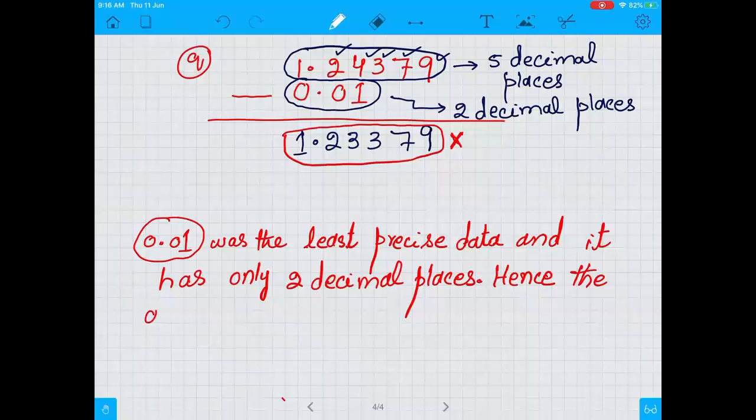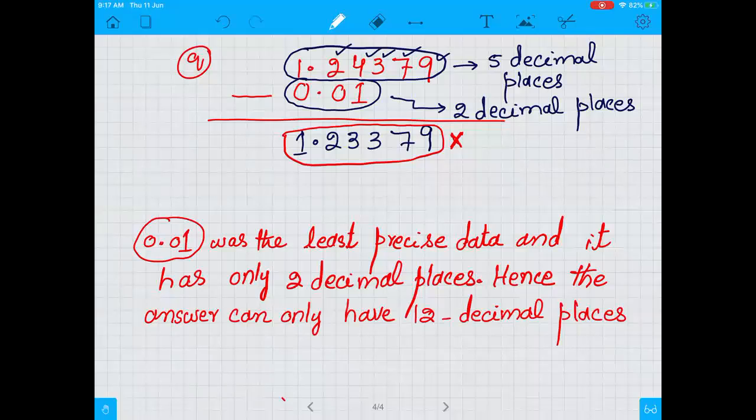answer can only have 2 decimal places. So the answer should be written up to 2 decimal places.